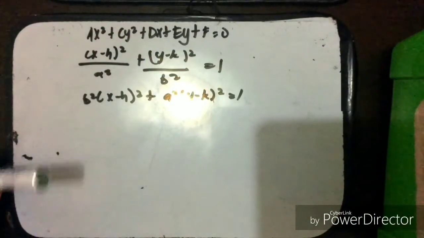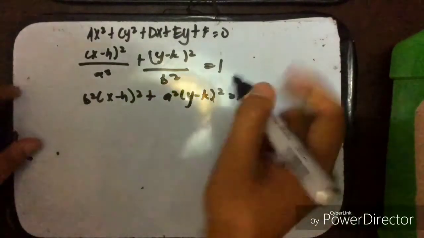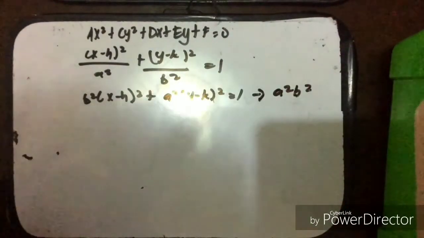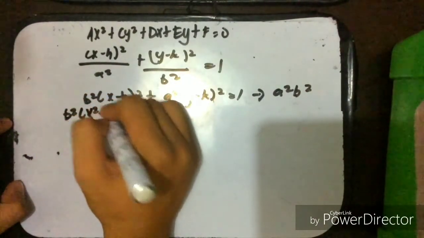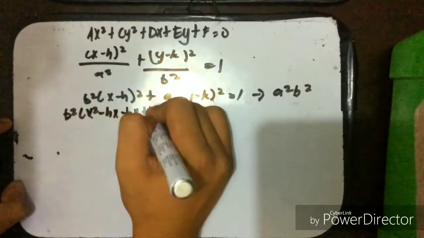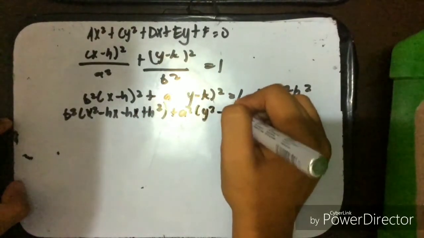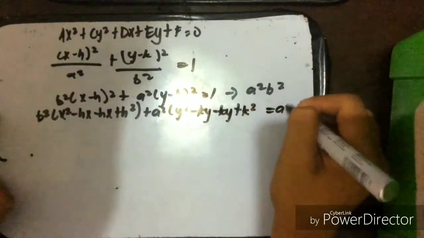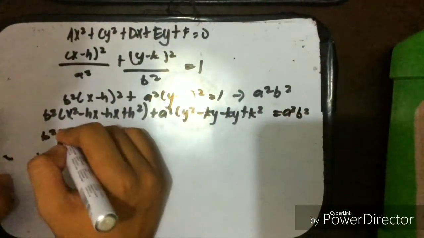Because of the 1, we will use a squared b squared, because a squared b squared divided by a squared and b squared is also 1. So we will use it as a squared and b squared. Then expand the remaining squares and combine like terms.